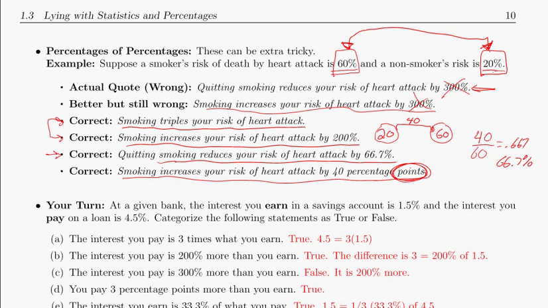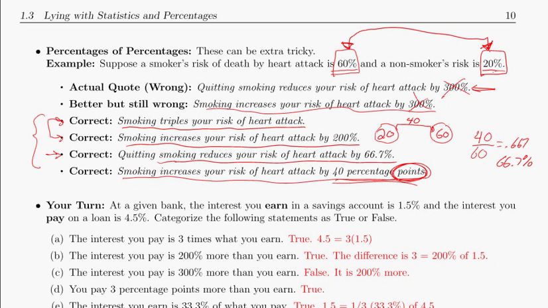Because you go from 20% to 60%, that's 40 percentage points. So if you wanted to make the difference sound even smaller, you'd go with this version, right? So it's the same difference written in 4 different correct ways. Some sound bigger than others, so it's worth knowing the difference if you're going to make an argument for or against smoking in this case.